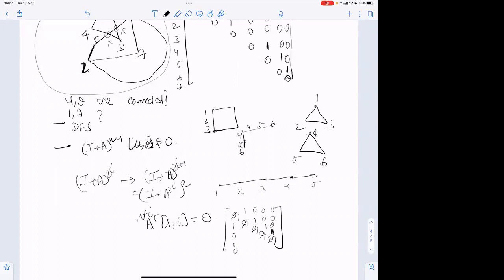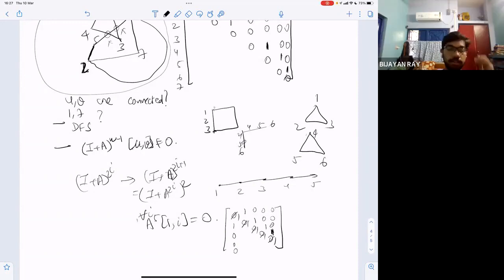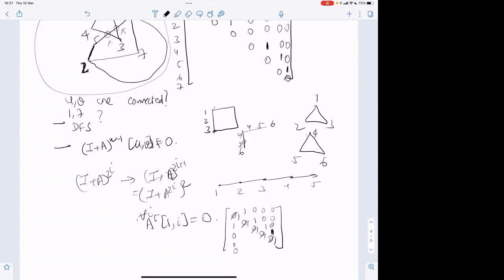So you would at least have to multiply together two matrices to diagonalize it, correct? The complexity would be at least that of multiplying two matrices. Yes. So naively, if you multiply two matrices, it takes order n cube time. Correct?